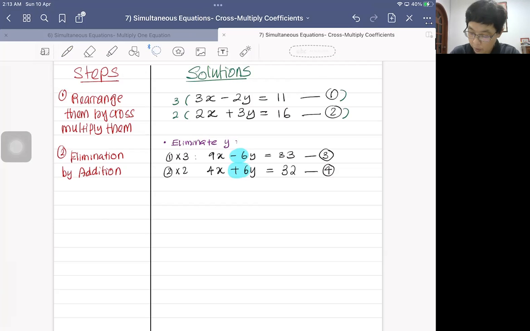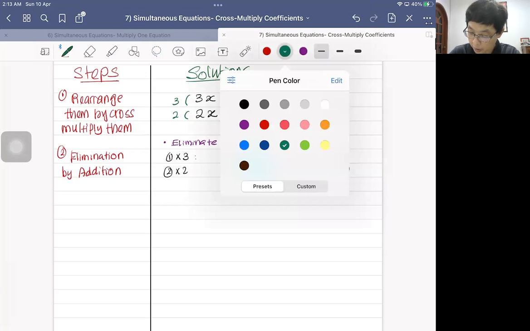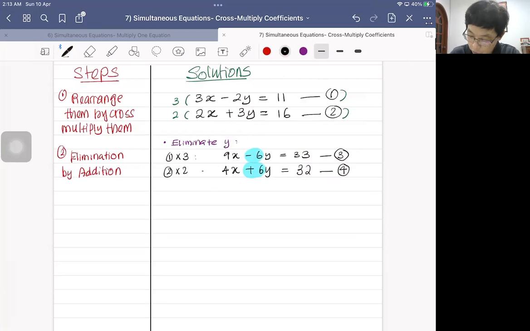I'm going to put in an addition here, then use a ruler to draw that out for the examiner. Neat work. After that, you're going to add the 9x plus 4x.